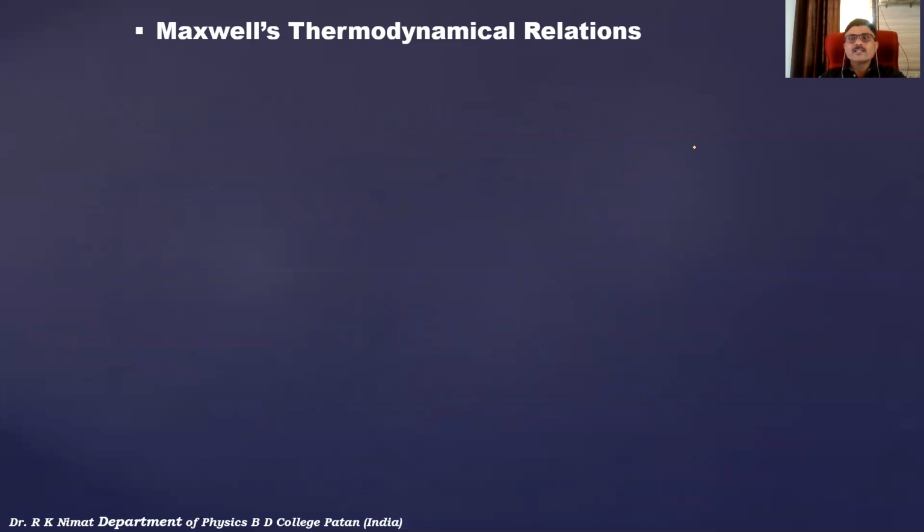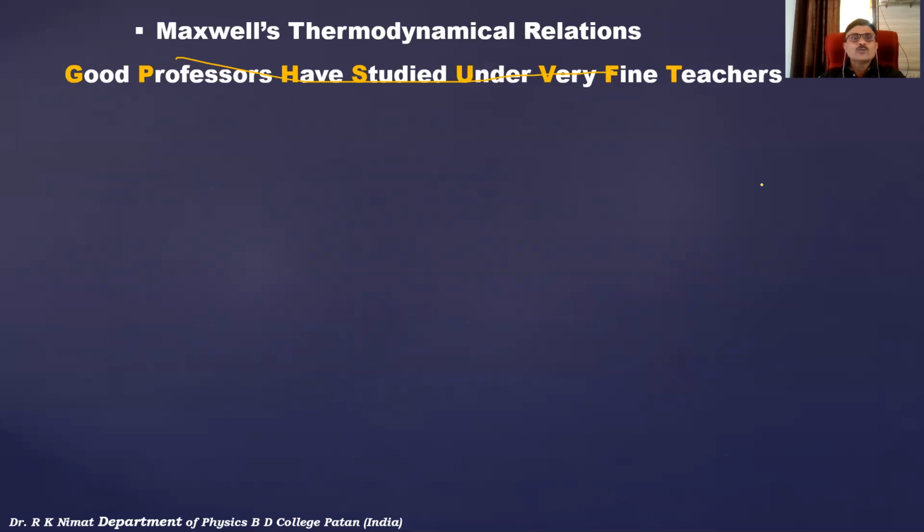By remembering that mnemonic, it is possible to derive the Maxwell thermodynamic equations easily. This is a trick to remember Maxwell's thermodynamic relations. The mnemonic that we have to remember is: Good professors have studied under very fine teachers. This is the mnemonic we have to remember.